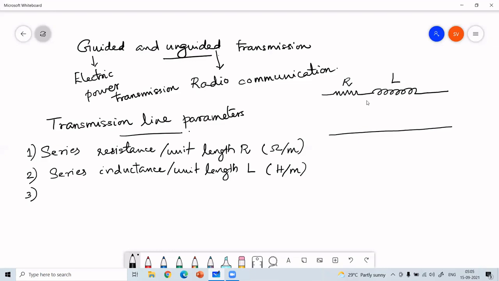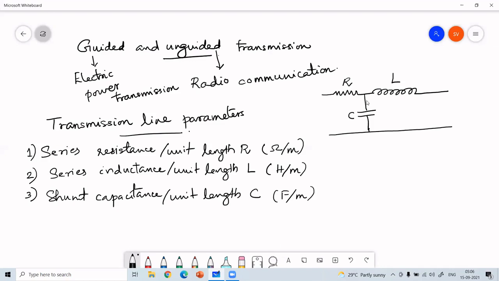So there will be a capacitance in between the two conductors, which is represented as C. So there is a shunt capacitance in between the two conductors. So the third one is shunt capacitance per unit length, C, whose unit is farad per meter.